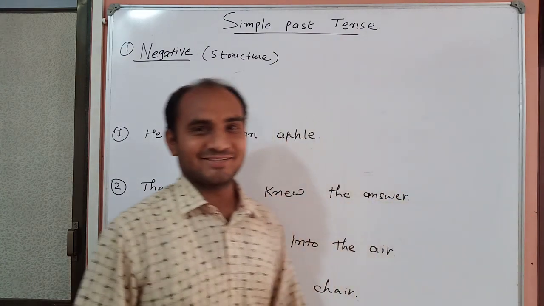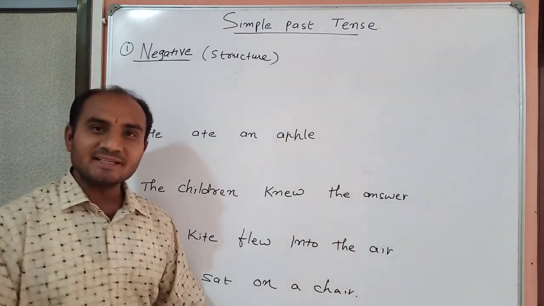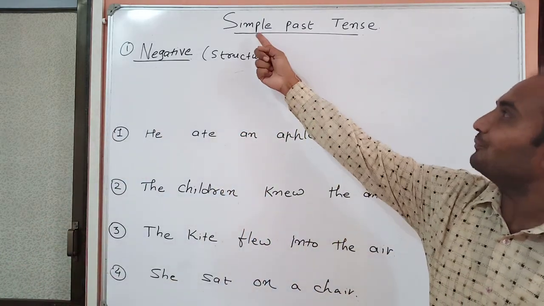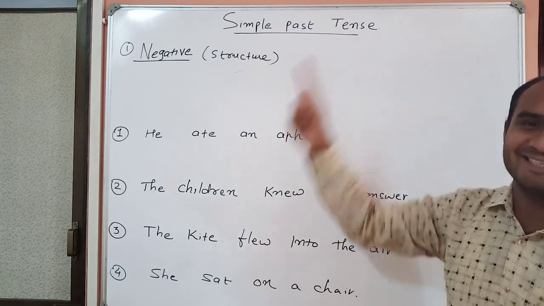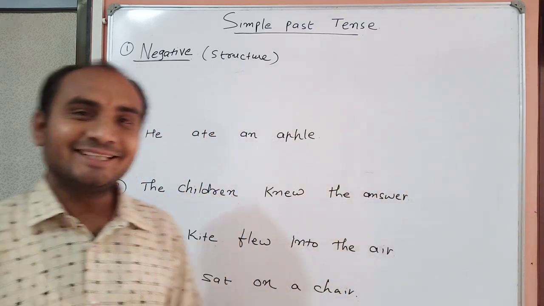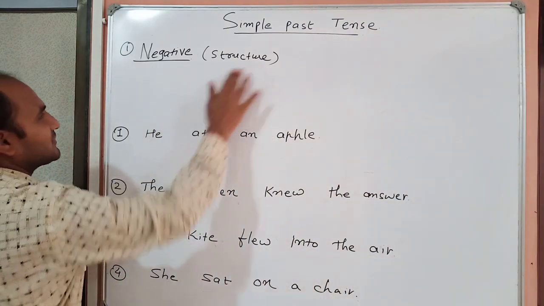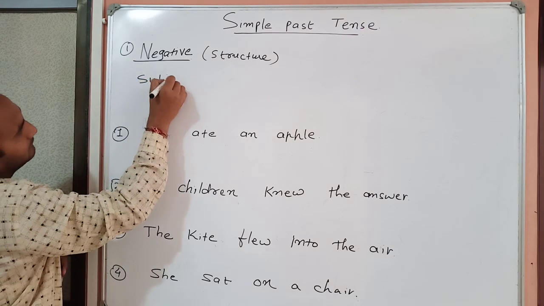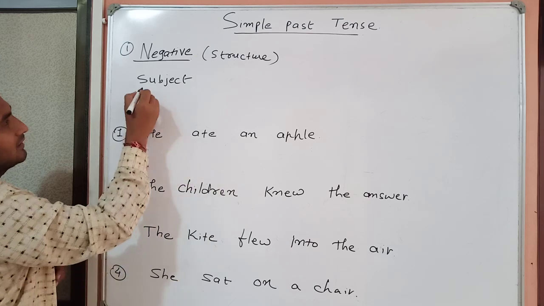Okay, now we will discuss the negative structure of simple past tense. Here in the negative structure, first of all, the subject will come.